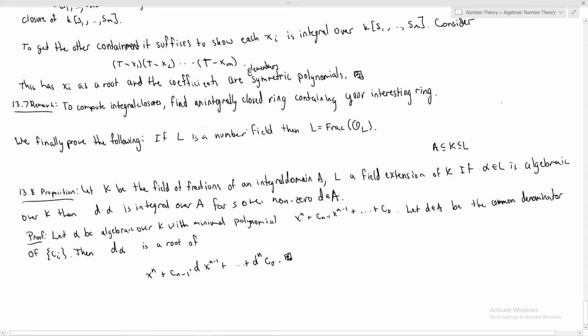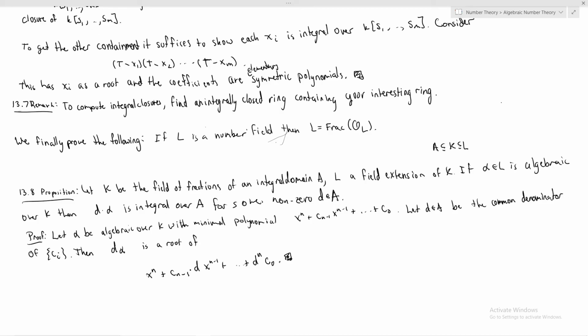Once I know that alpha is algebraic, I can find a d which makes algebraic elements integral when I multiply. And I know that if L is a number field, any element of this number field is algebraic over Q. Therefore, I can find an integer which makes it integral over Z, which in turn puts it in the field of fractions.